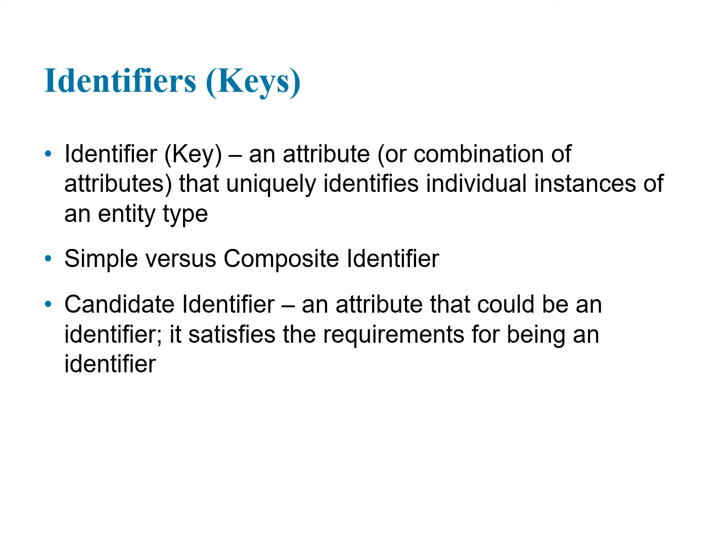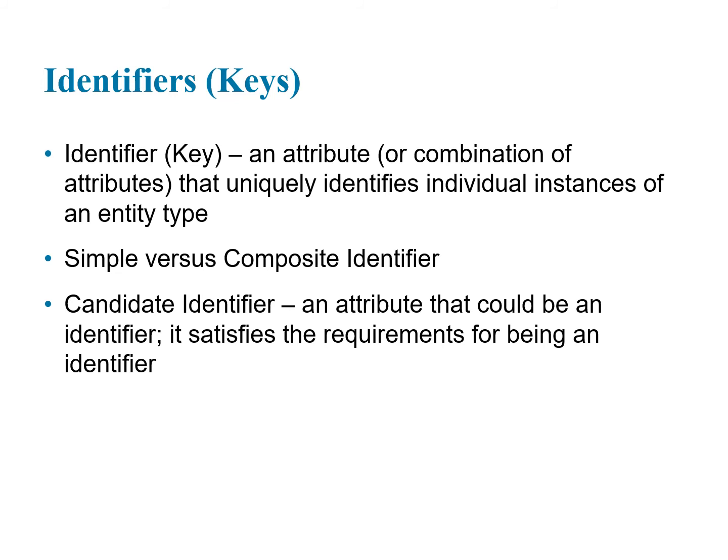For example, a person, employee, student, etc. cannot rely on the first and last name to be an identifier, because many people could have the same name. Rather, the identifier should be something like an employee ID, a social security number, or some other absolutely unique value.